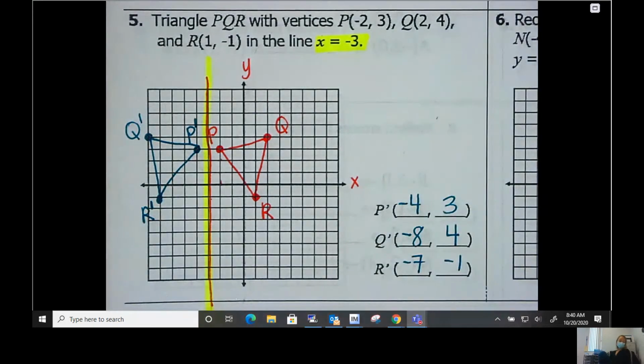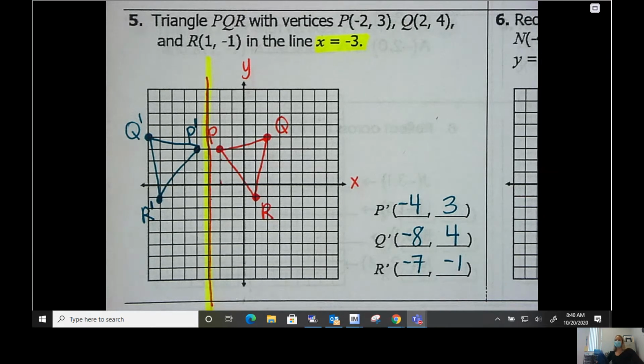So for numbers 1, 2, 4, and 6, you have a rule to do each reflection. For numbers 3 and 5, you're going to have to draw the line and count how far away each point is from the line.